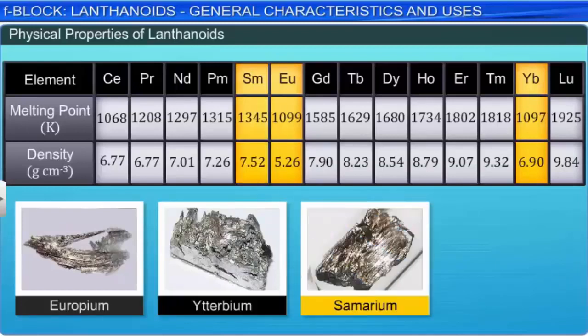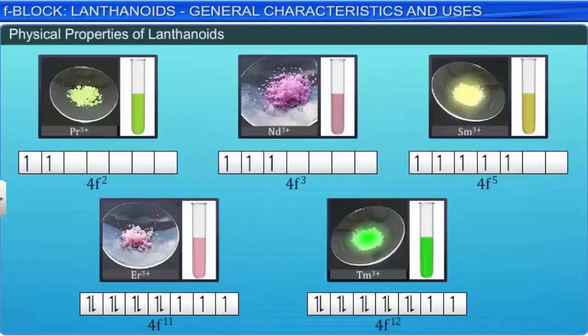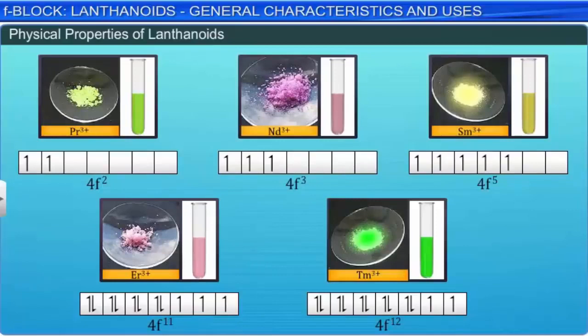Many of the trivalent lanthanoid ions are colored, both in their crystalline state and in aqueous solutions. The color of these ions is directly related to the number of unpaired electrons in the 4f subshell.